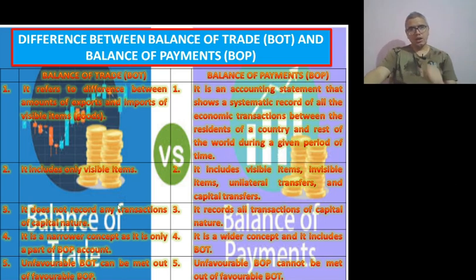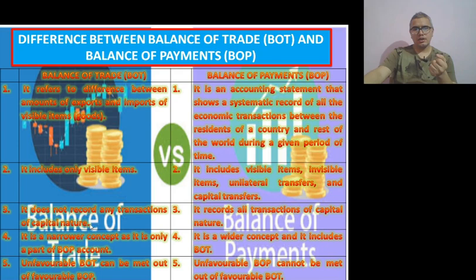Balance of trade only includes visible items, whereas balance of payments includes not only visible items but also invisible items, that is services, unilateral transfers, capital transfers, income transfers, etc.